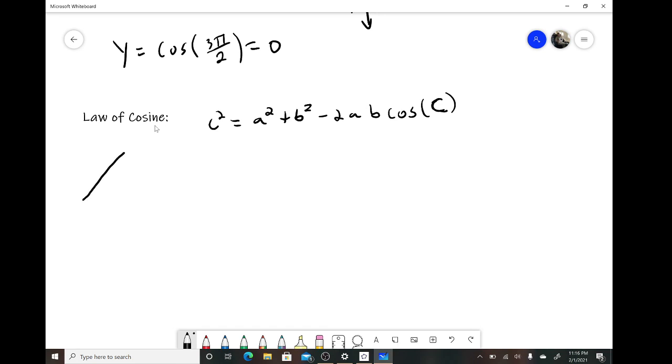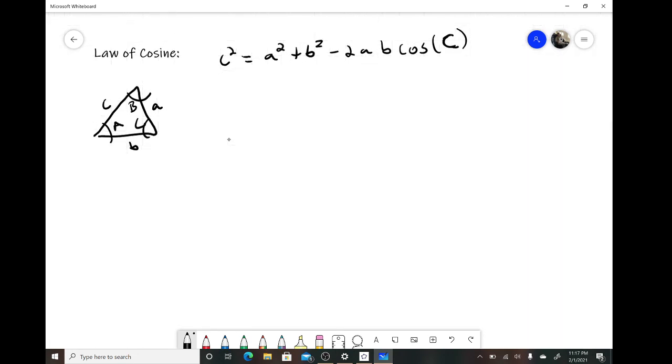So if you have a triangle that looks kind of like this, it's not a right triangle, with sides A, B, C, and this is angle capital B, this is angle capital C, and angle capital A, then if you wanted to find the measurement of another side given two sides and an angle, if you remember from high school, side-angle-side, then you will use the law of cosines to solve this.